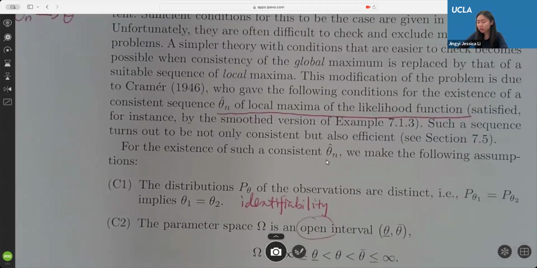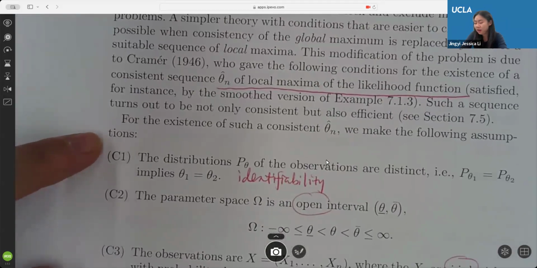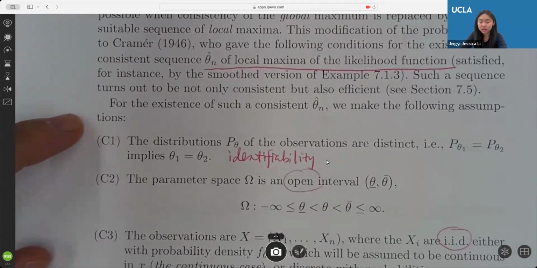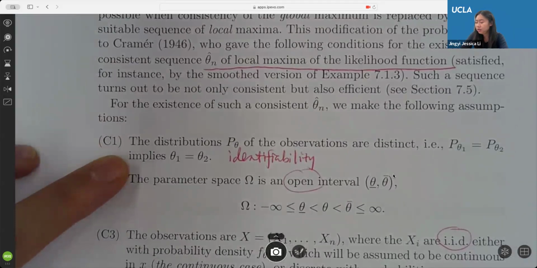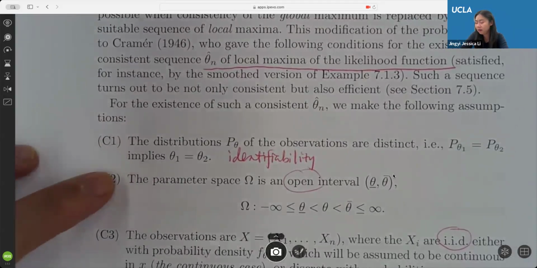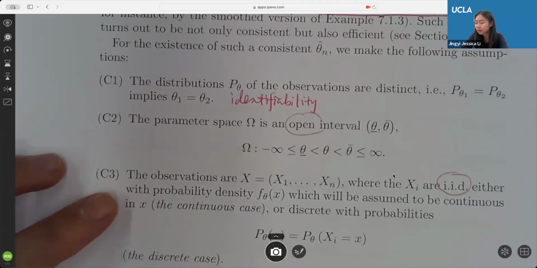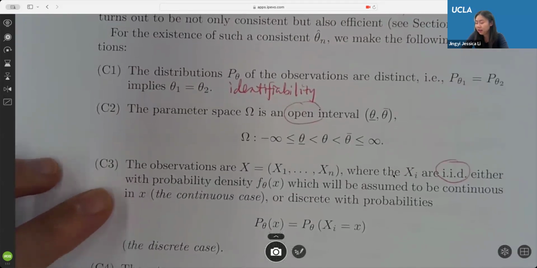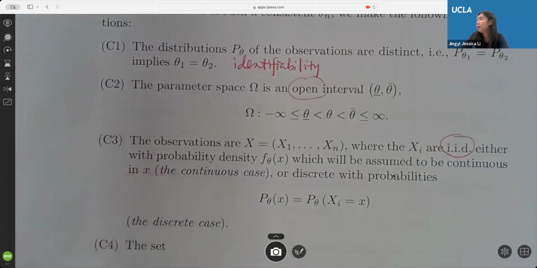Okay, so coming back to the nice properties about MLE, we talked about these conditions last time. Sorry, let me move myself away. So the first one, regarding the identifiability of the parameter, this is a must. C1, identifiability. The second is the parameter space being open, an open set. The third one is regarding the IID sample, the IID sample we use to estimate the MLE.